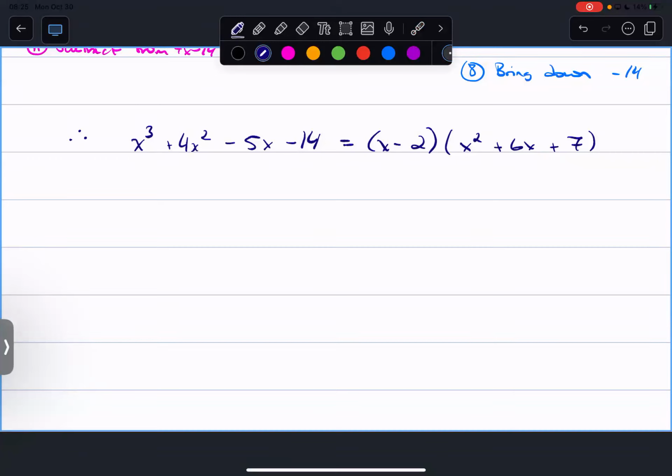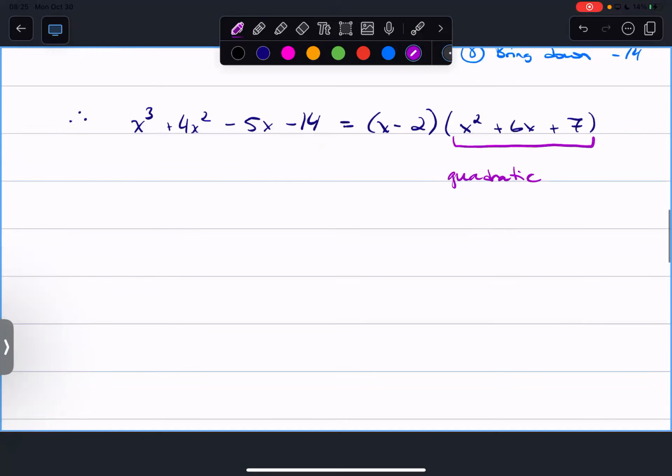And so here, I want to use a color that I haven't used yet, right? So here, this is a quadratic. Let's say I wanted to keep factoring this, or at least try.